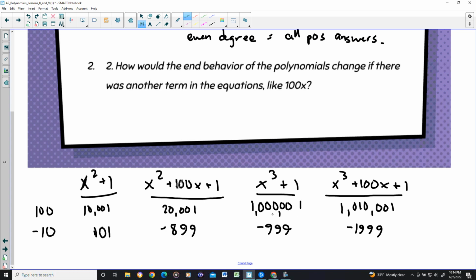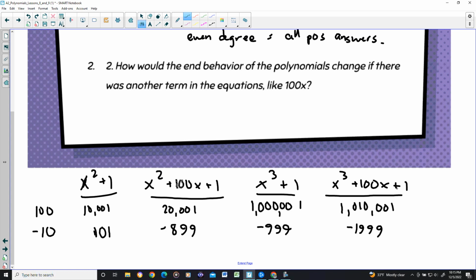You go from 1,000,001 to 1,010,001, which is hardly much of a change at all, comparatively speaking. Here, it just makes it more negative. Here, you do go from positive to negative at the x squared level. Yes, but in this case, the 100x does outweigh the x squared. But what happens if you did a number like 1,000,000? At that point, the million squared is going to far outweigh the 100x.